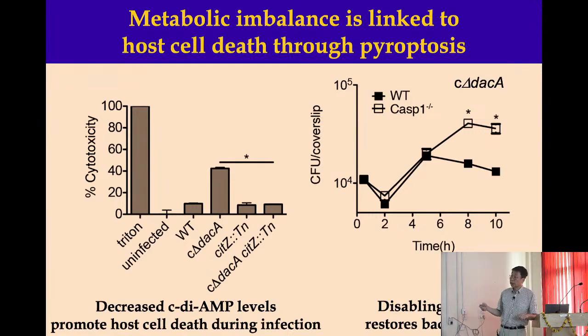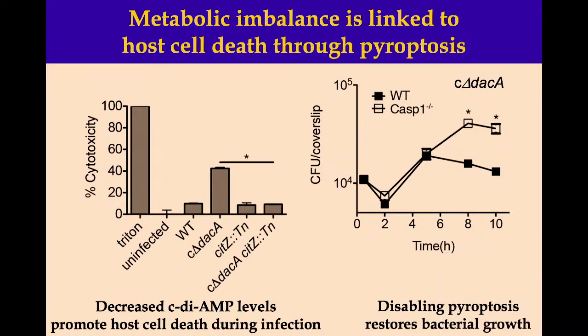So this is actually a very nice story. It's the first example of how cyclic di-AMP, a dinucleotide second messenger, regulates a protein. In this case, it happened to be a metabolic enzyme. But as I showed you, based on the omics, the pull-down experiment, he identified many other ligands, many other proteins that bind cyclic di-AMP.